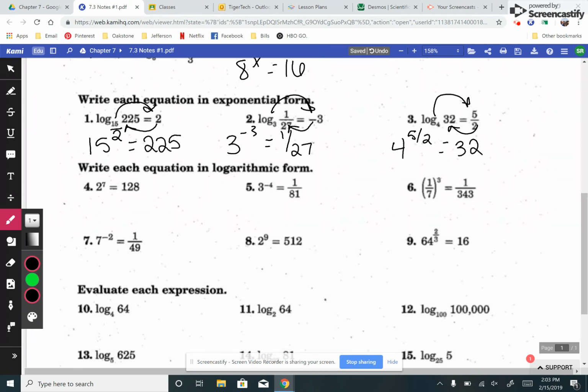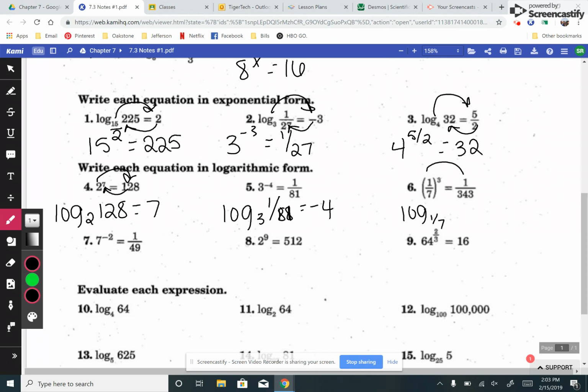Same sort of concept when you change into logarithmic form. The first number is the first number you write, which is going to be that little subscript. So it's going to be log base 2, skip over to the 128, equals, go to that exponent of 7. So log base 3 of 1/81 equals -4. Log base 1/7, move over, of 1/343 equals, come back around, 3.